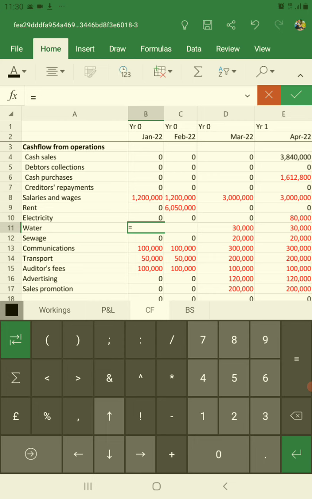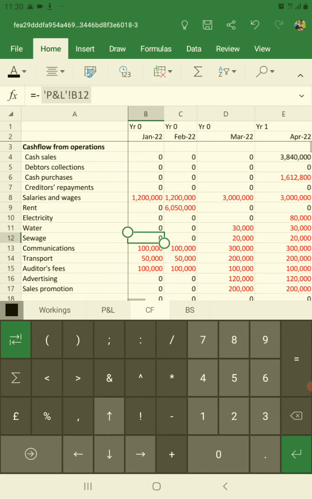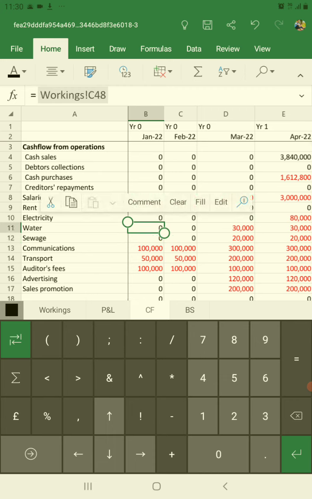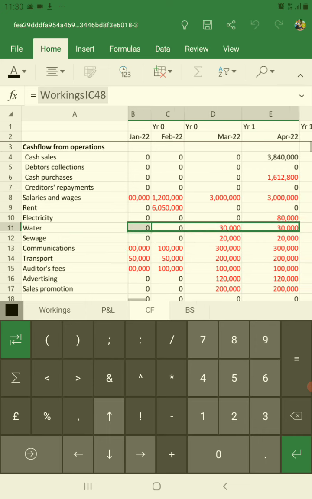So I start with an equal sign and click on workings, and then the cash page for January here, and then enter, and then just fill this to the rest of the projection periods.